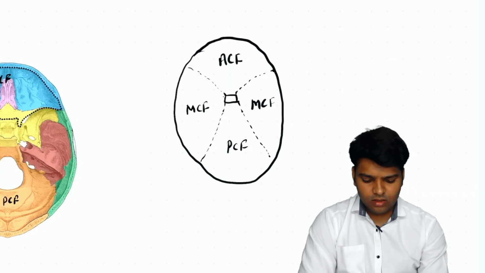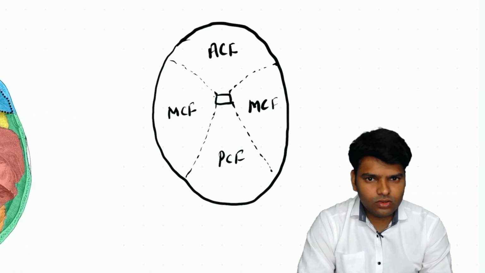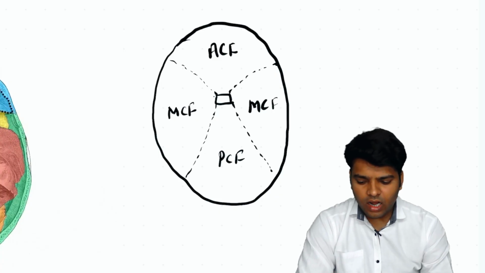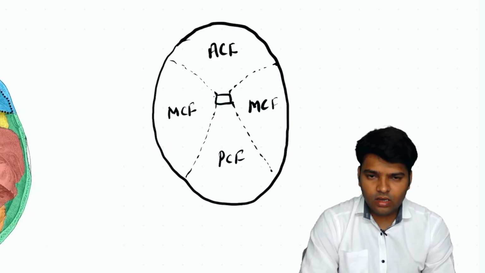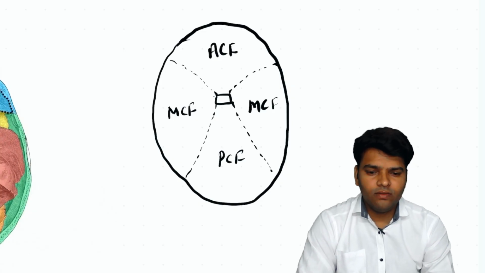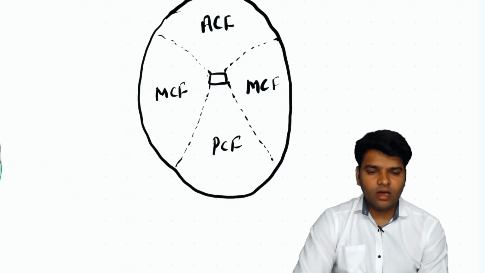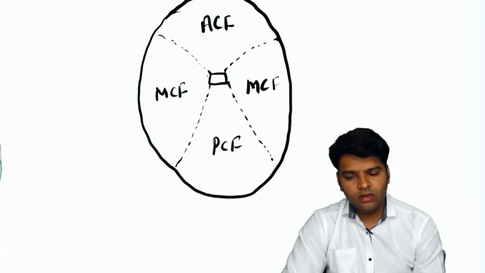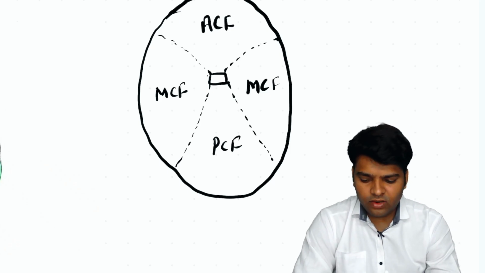Okay, this is very basic to understand. First of all you should know about the fossae, and after that we will go into the openings which are present in the fossae. Fossae have a lot of openings known as foramina, and many structures pass through these foramina.